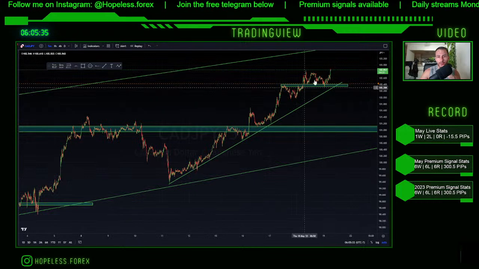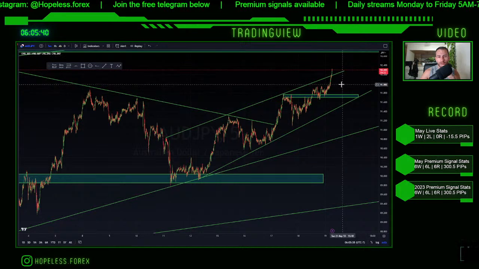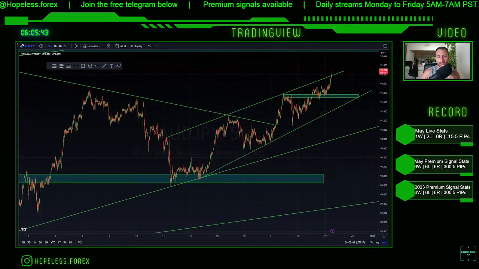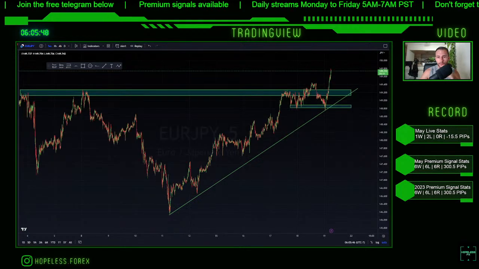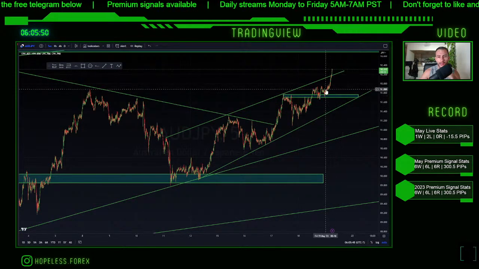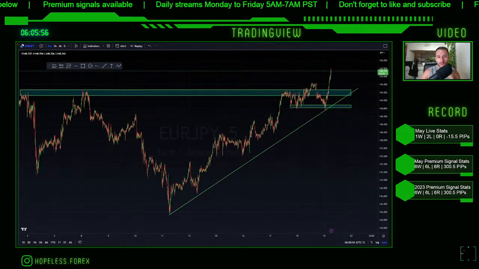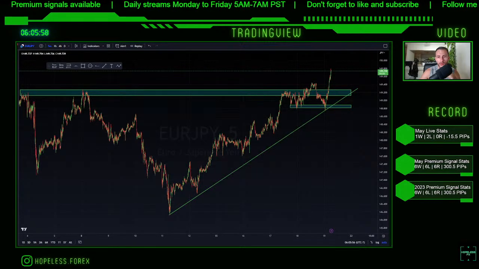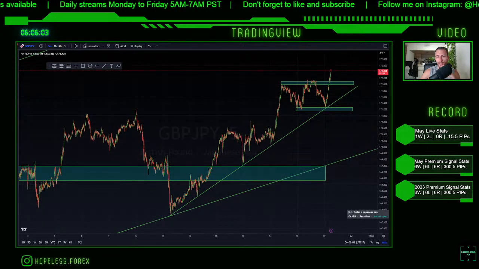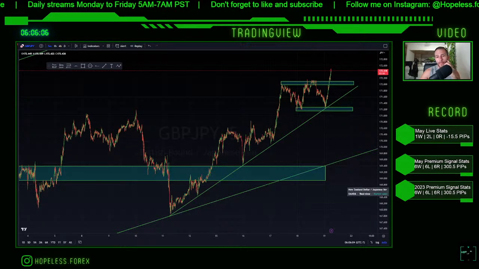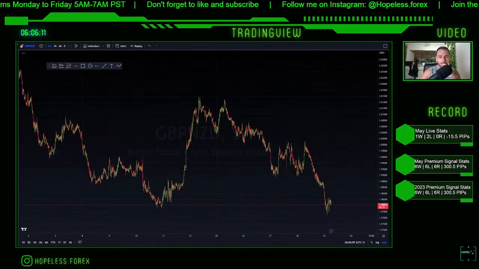Like we look at CADJPY, I would say I like the structure of CADJPY a little bit better. EURJPY, I like it a little less, and we're talking about for a buy here. AUDJPY, again, not super keen on it. EURJPY, not keen. GJ, not keen. And then UJ, we obviously have the sell on UJ. Let's just move right along.